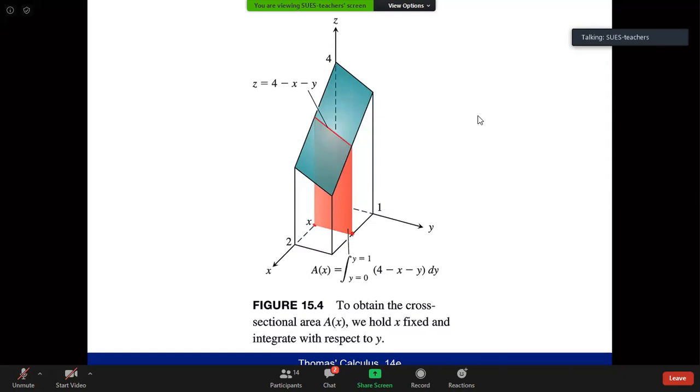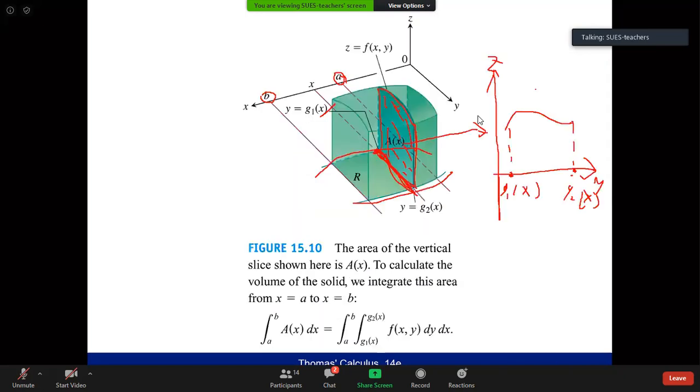For any specific x, the domain of y is always from 0 to 1, just because this is a rectangle. Now, if it is no longer rectangular, for a specific x, y is decided by the value of x. That is why we have the region here.